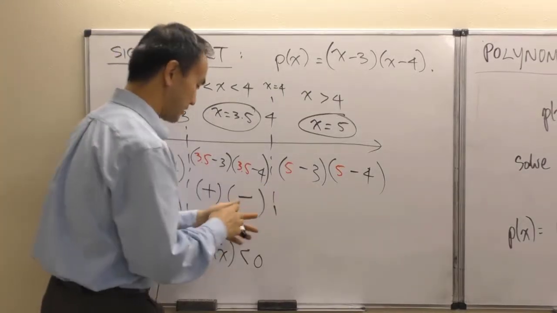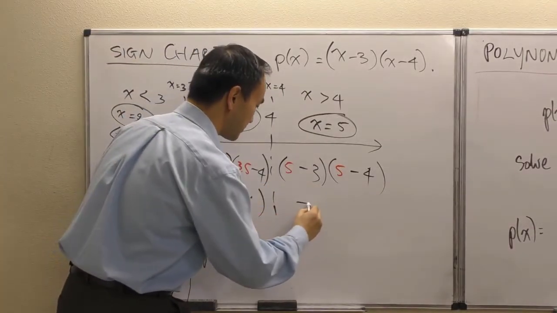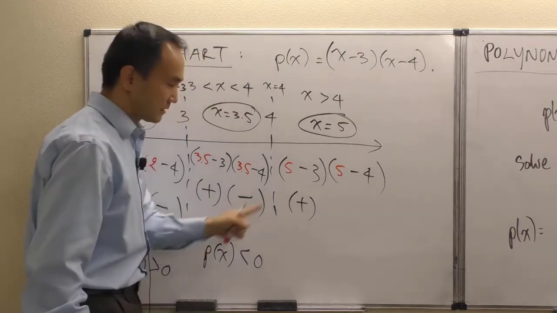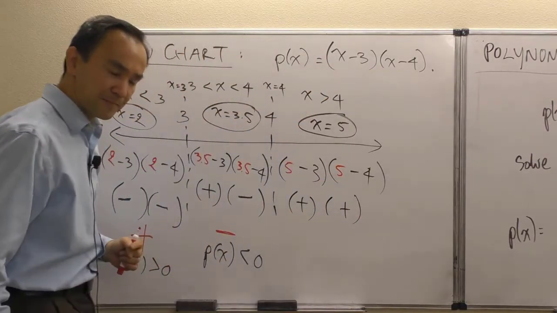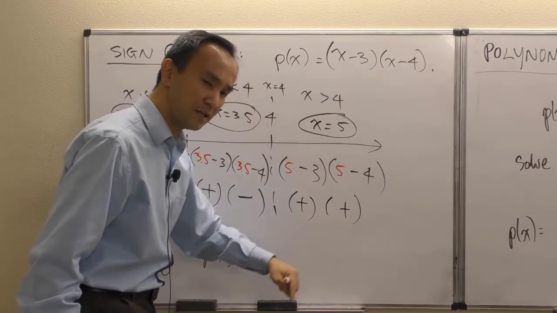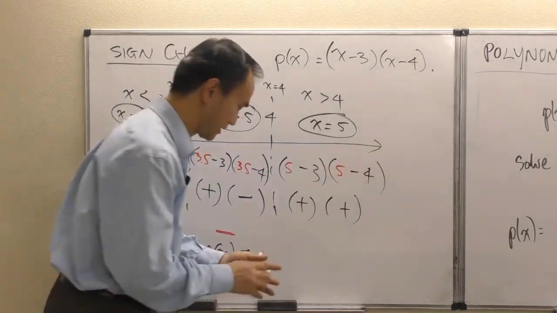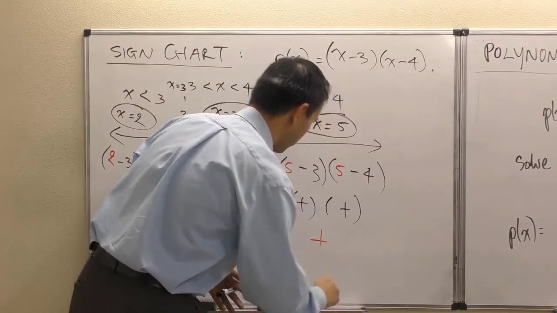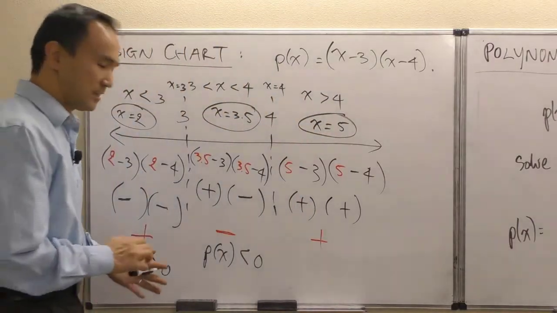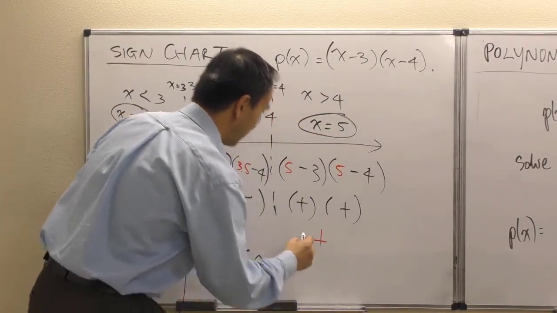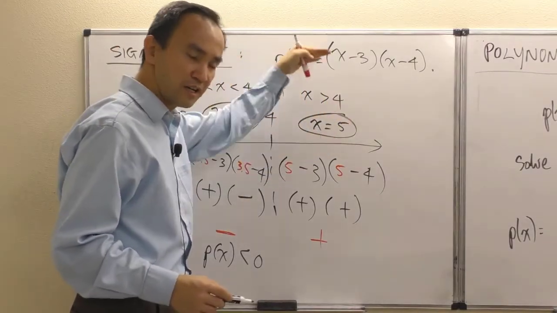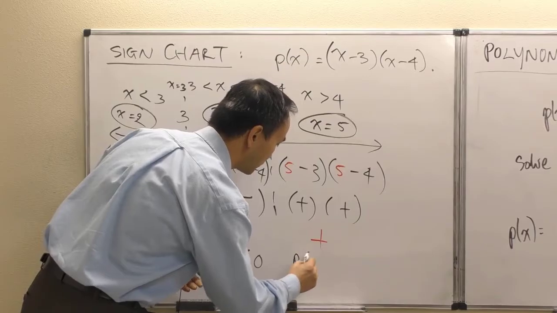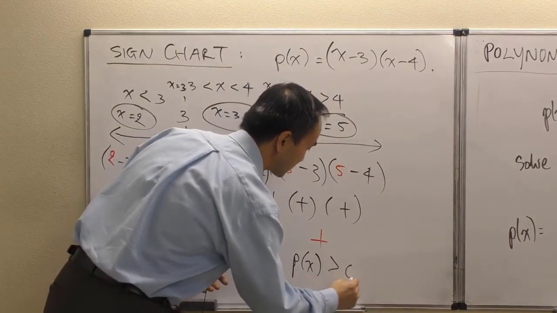This first factor gives me a positive sign. This next factor gives me a positive sign again. Positive times positive, we know since long ago, is going to give us a positive product right there. So that tells me that if we have an x value greater than 4 in this problem, then our polynomial will turn out positive.